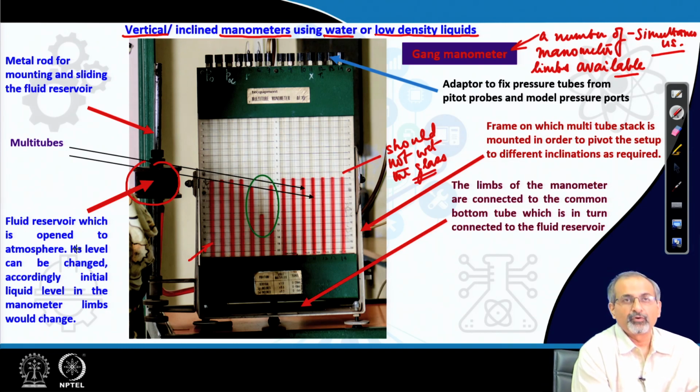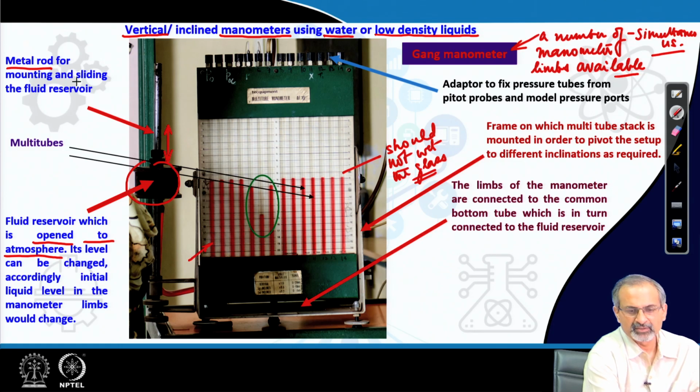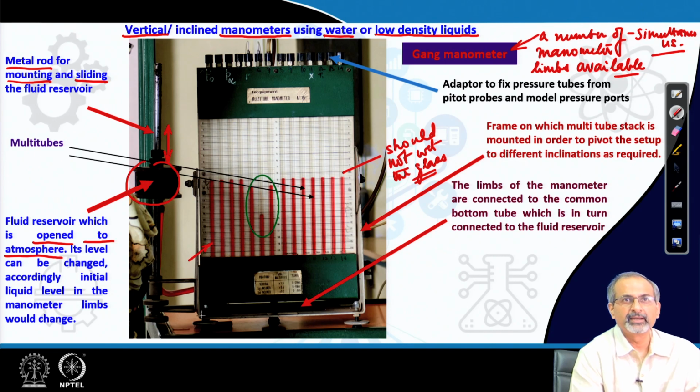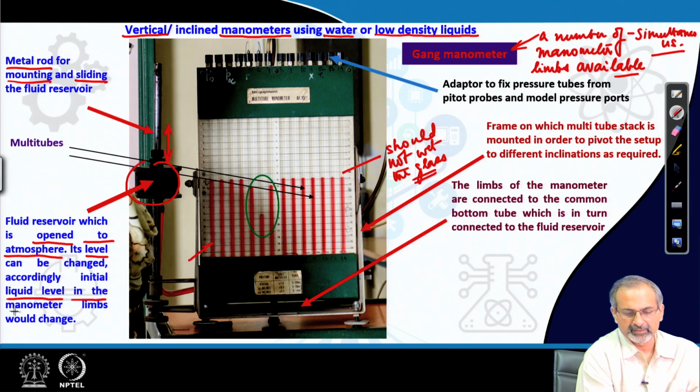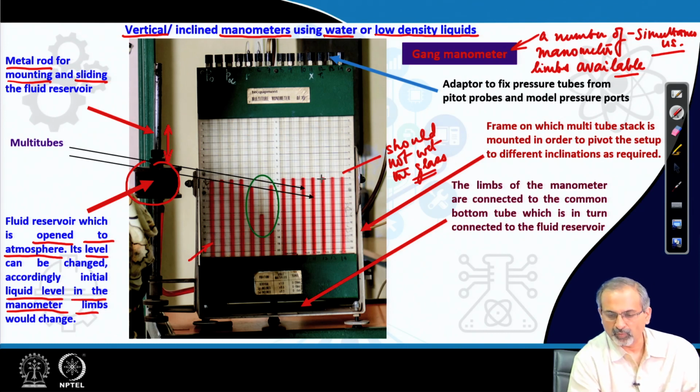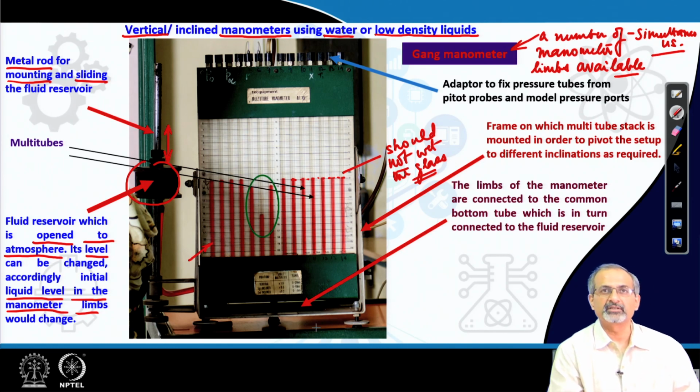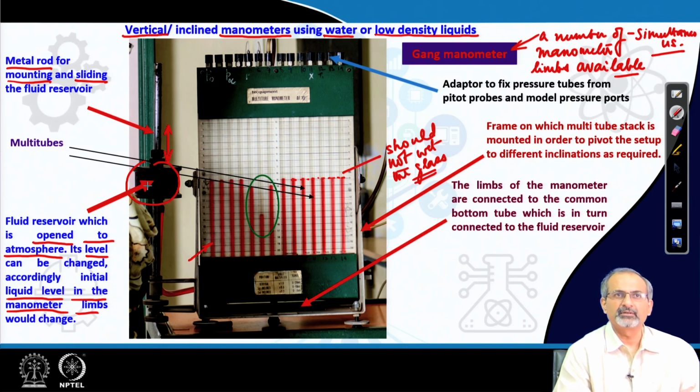The fluid reservoir, which contains the fluid, is most often open to atmosphere, and you can make this fluid reservoir go up or down along this metallic rod. You can slide and locate it, fix it in a certain position. That fixes the level of the liquid in the manometer. That means, at what level these limbs will have the manometric fluid is basically dependent on the height that you adjust of the fluid reservoir.